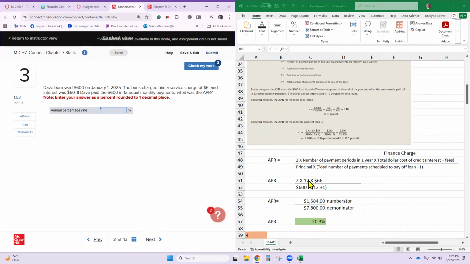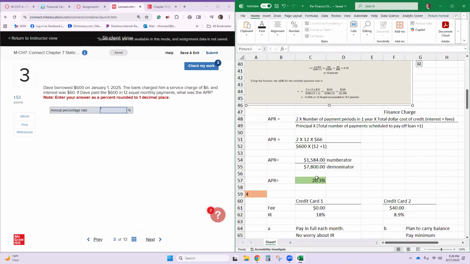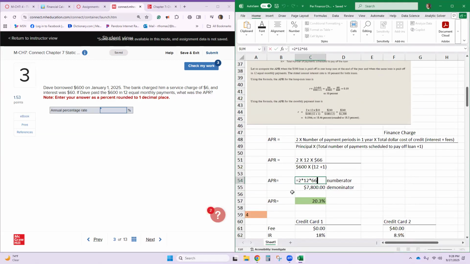So when you do the math up here in the numerator and down here in the denominator, here's what you get. You get 2 times 12 times 66, and that is $1,584. Then the denominator gets 600 times 13. And then when you take the numerator divided by the denominator, you get 20.3.